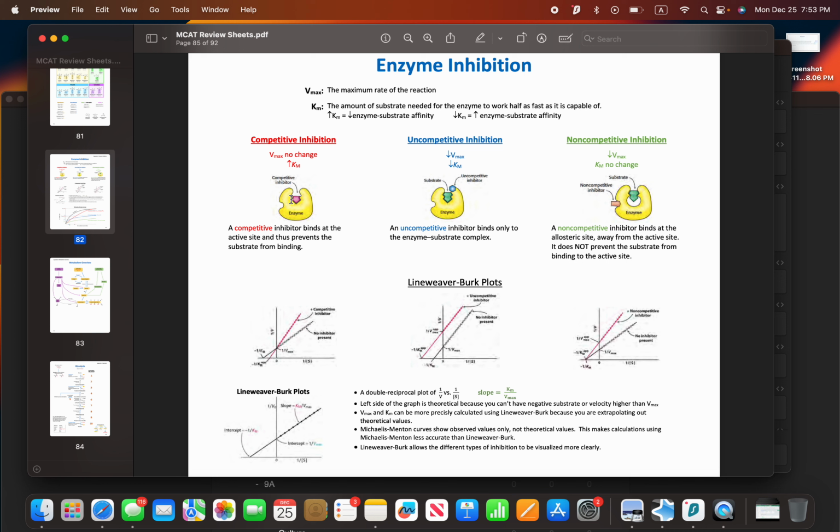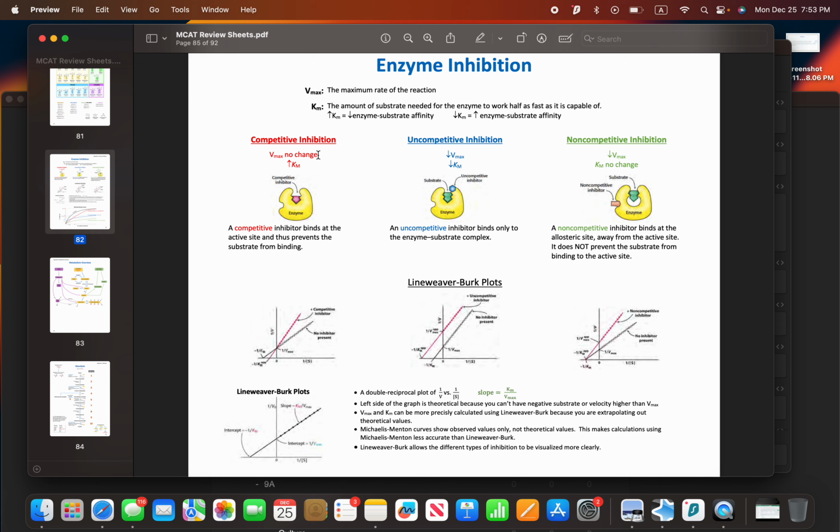Does that change the speed of all those cars traveling? No, hell no. The cars are still going back and forth. So the rate of the reaction is not going to change. And boom, we have this covered.